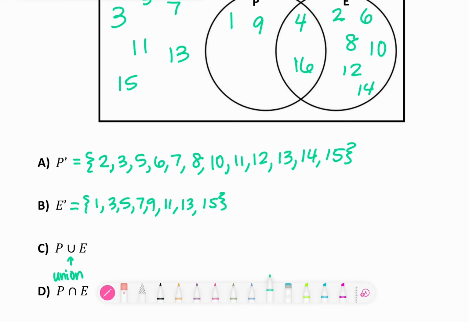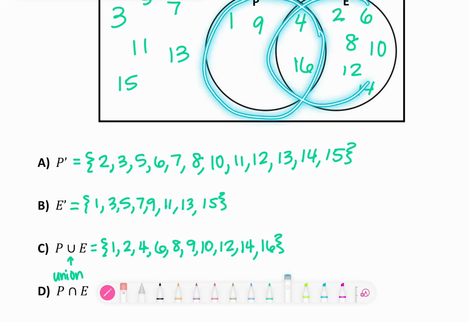Okay, so I'm just going to look at my Venn diagram and write everything in order that's in either one. 1 is in one of the circles. 2 is also in one of the circles. 3 is not in a circle at all, so skip it. 4 is, 5 is not. 6 is, 7 is not. 8 is, 9 is as well because 9's in P. 10 is, 11 is not. 12 is, 13 is not. 14 is, 15 is not, and 16 is. So all of these values are in one of these 2 circles.